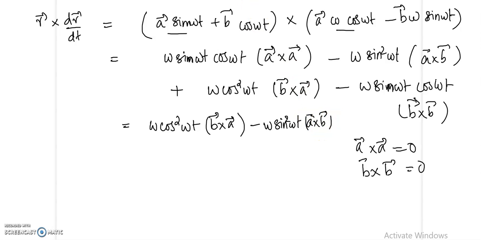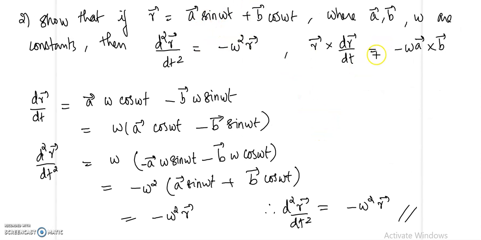Now let us look at what we have to prove. What we have to prove is that it equals minus omega a cross b.